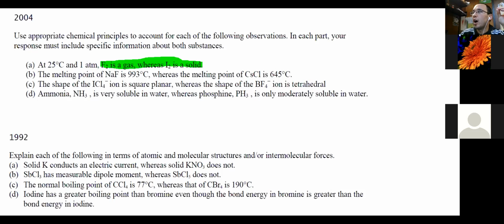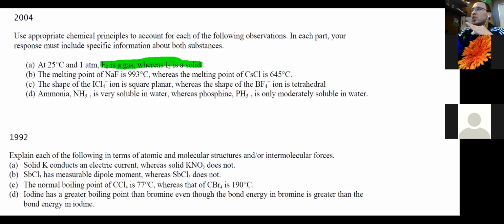Right? So intramolecular forces has to deal with your covalent bonding, your ionic bonding. Those are the things inside of the molecule that hold the molecule together, right? Inter is the forces between the molecules. So those are things like London forces, dipole-dipole interactions, hydrogen bonding, right?